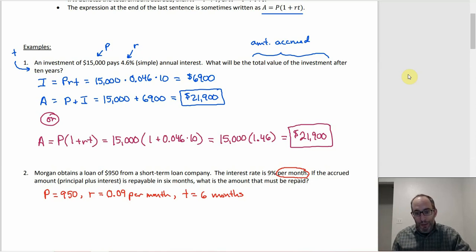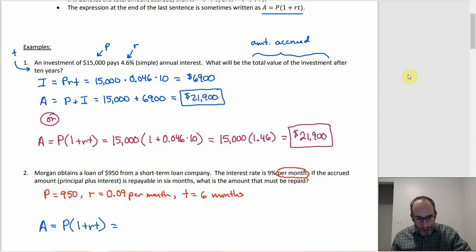All right, so the amount that must be repaid, that's the amount accrued. So we could do it the way that we did, I guess, the end of the last one, and say that A is equal to P times the quantity 1 plus RT. Do it like that.